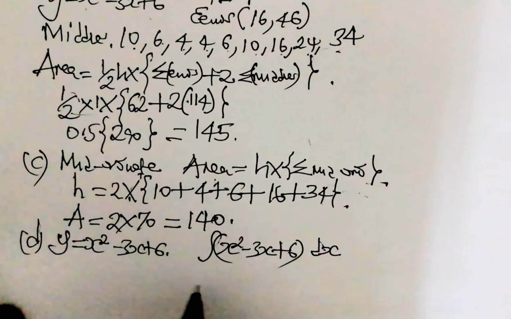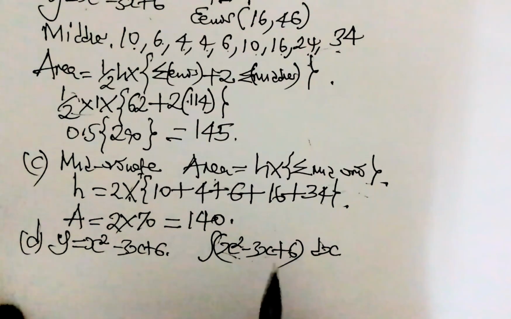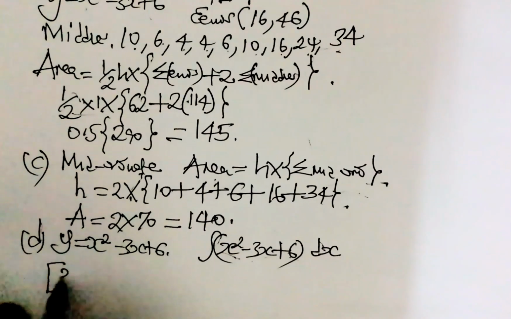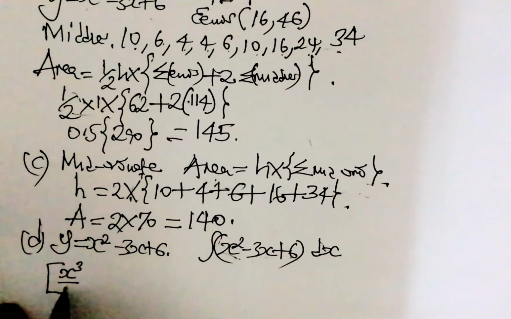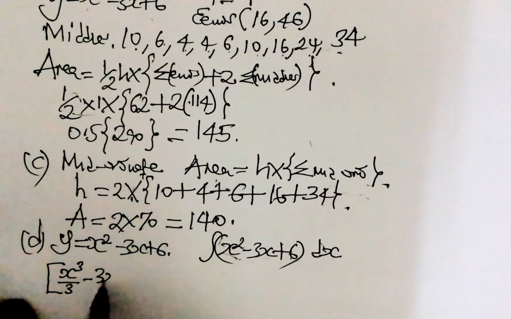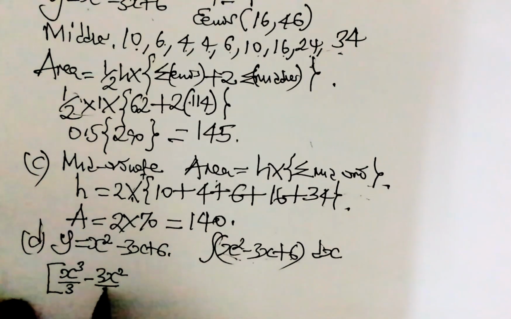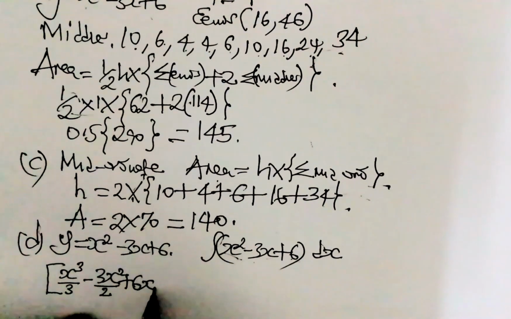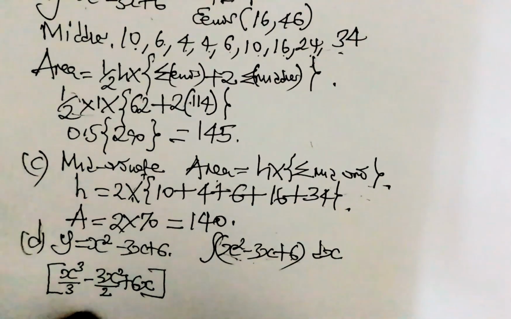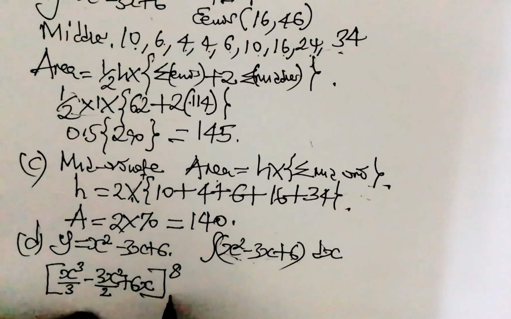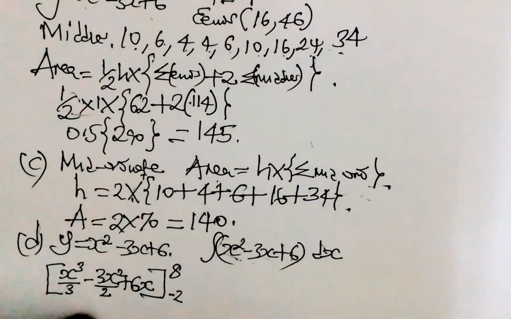When we integrate this, we introduce square brackets and have our integrated function as x cubed over 3 minus 3x squared over 2 plus 6x, with the upper limit 8 and the lower limit negative 2.